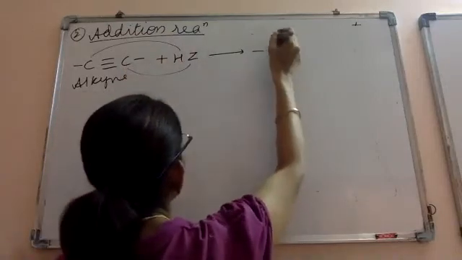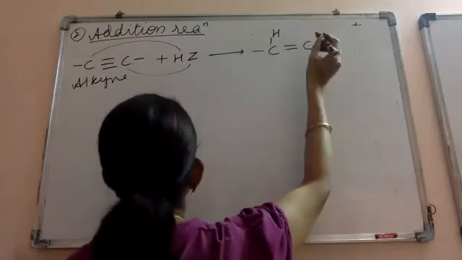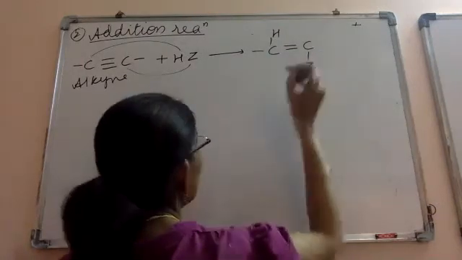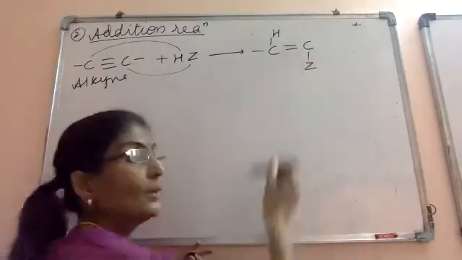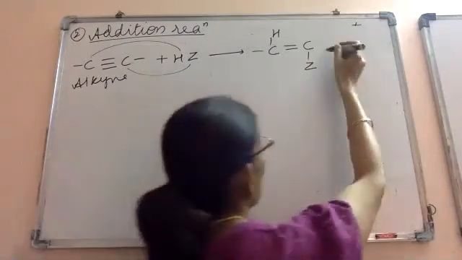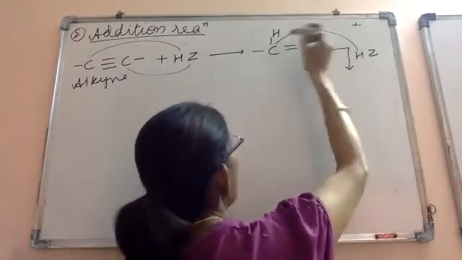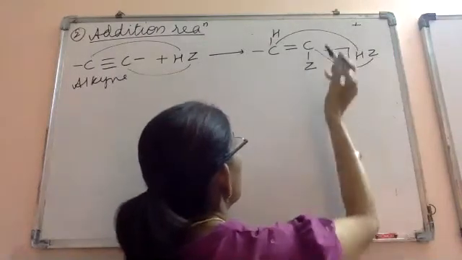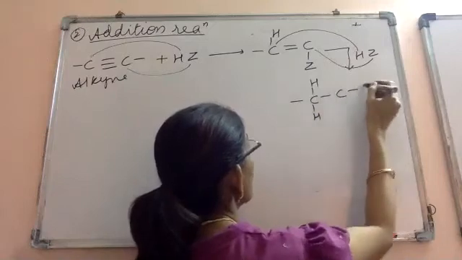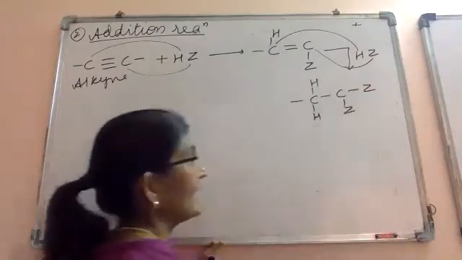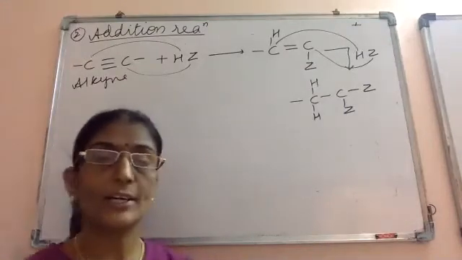C, यहाँ पे H, डबल बॉन्ड C और यहाँ पे Z. विनाइल कंपाउंड फॉर्म होगा, डबल बॉन्ड है, विनाइल कंपाउंड। और इस पे एक मॉलिक्यूल ऐड होगा, वहां पर C पे H, इस पे Z, क्या बन जाएगा? सिंगल बॉन्ड H H Z. So 2 molecules will be added on it.